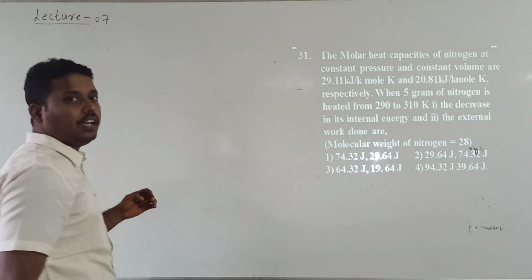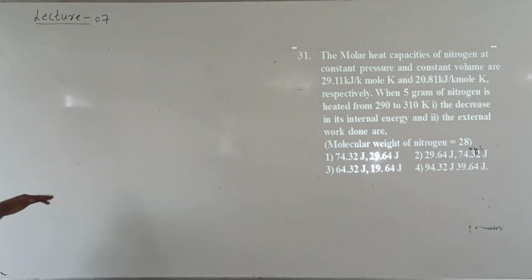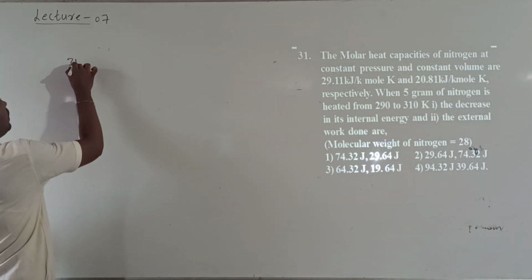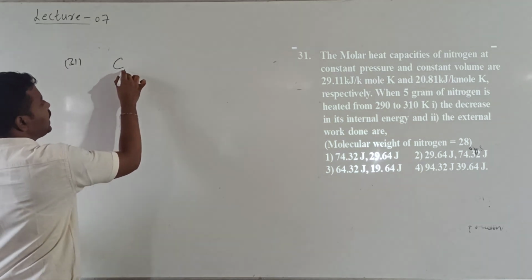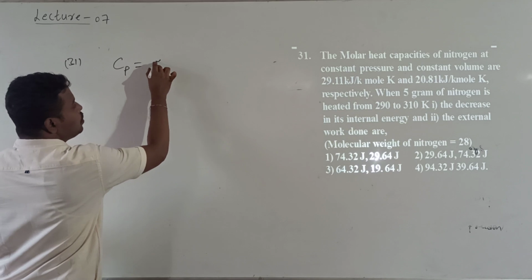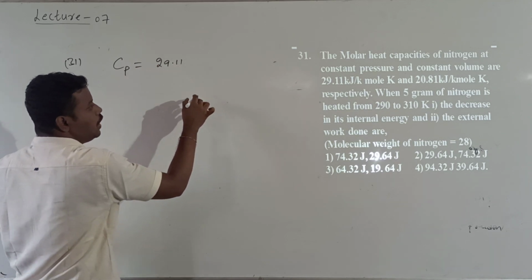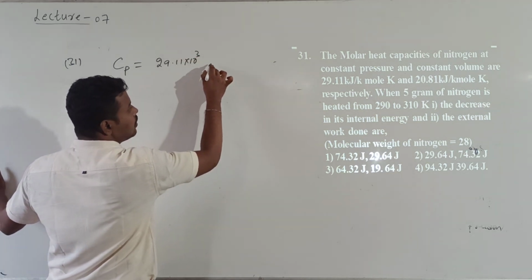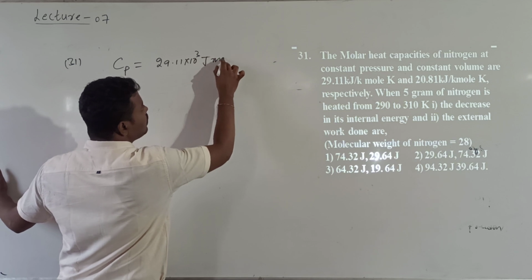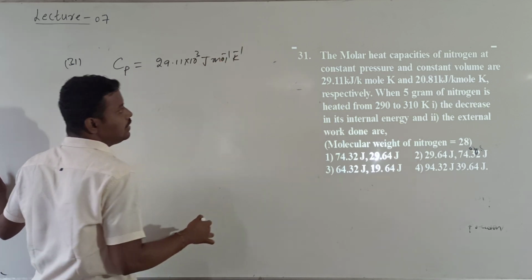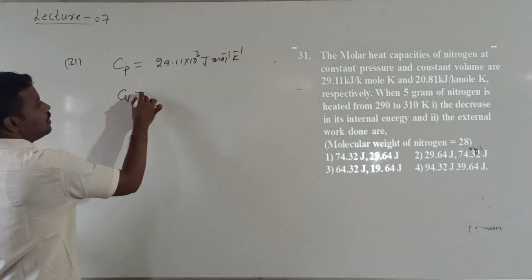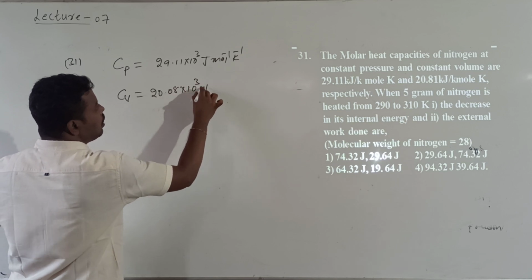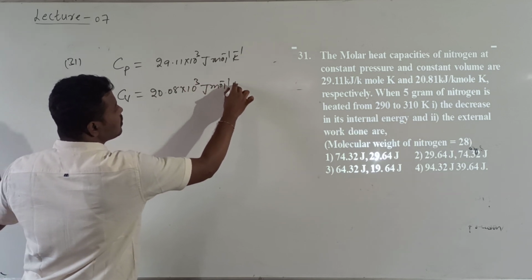Molar means capital letters, masses in kgs means small letters. The given Cp value is 29.11 into 10 to the power of 3 joule per mole per Kelvin, and the Cv value is 20.08 into 10 to the power of 3 joule per mole per Kelvin.